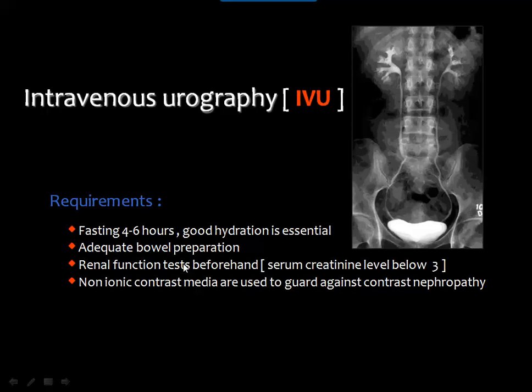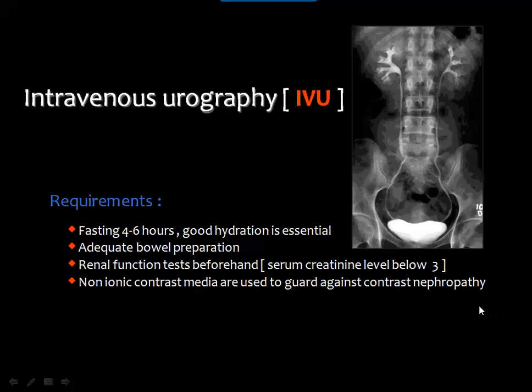This examination requires the patient to fast for about 4 to 6 hours with insurance of good hydration, and it's better to have adequate bowel preparation, usually obtained by a light meal in the night and laxatives in the night also, and you may fast after that, and sometimes a cleansing enema may be required to adequately prepare the colon.